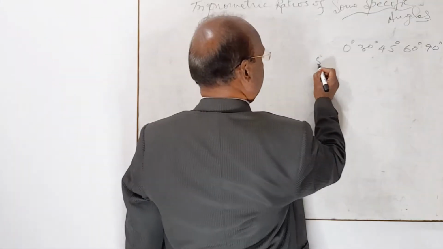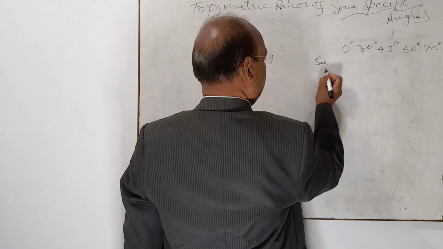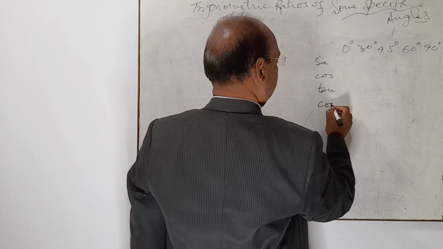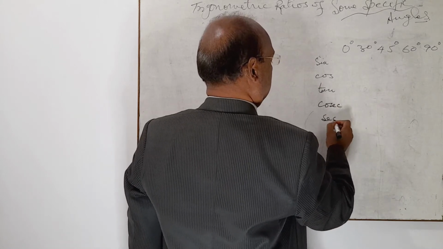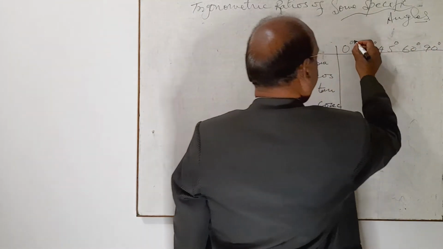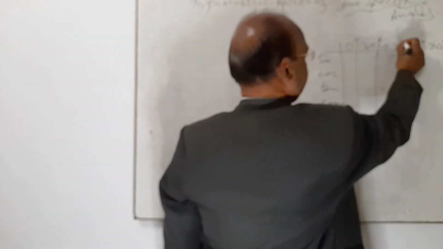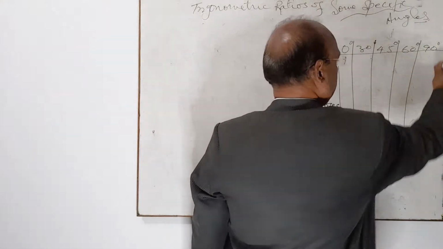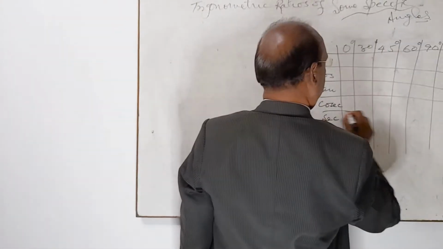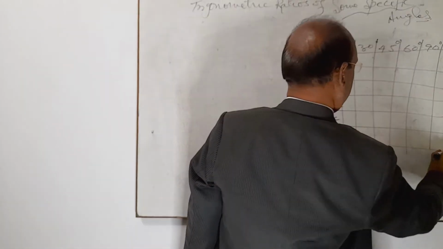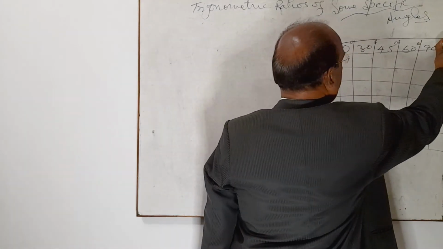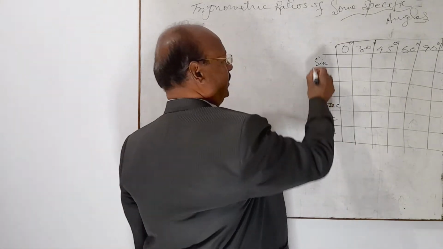And the trigonometrical ratios are sine, cos, tan, cosec, sec and cot. Now you are able to fill up these boxes very easily.